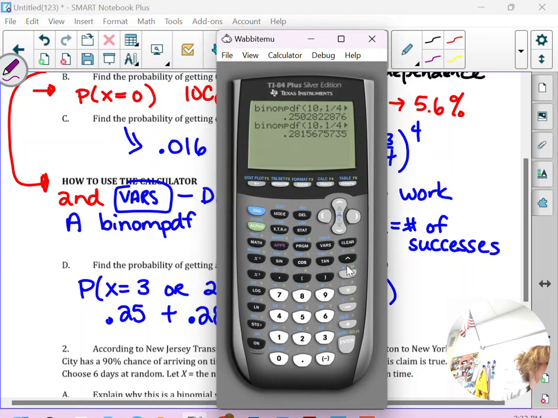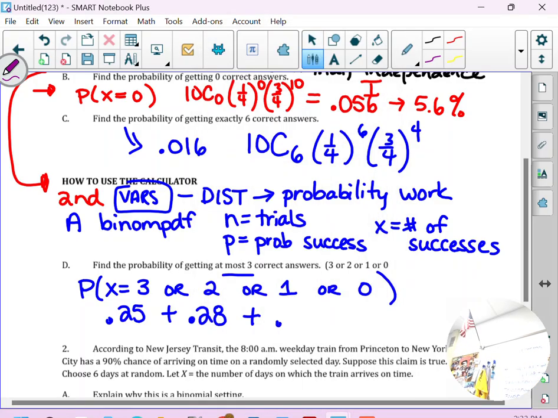The chance I'm going to get just 1 correct, just by guessing, is about 19.187, so we'll say 0.19. And then my 0 was 0.056.